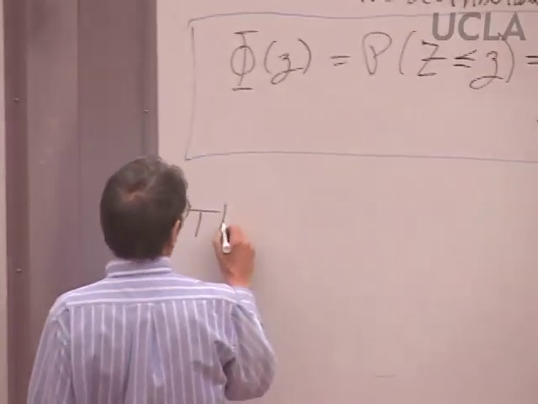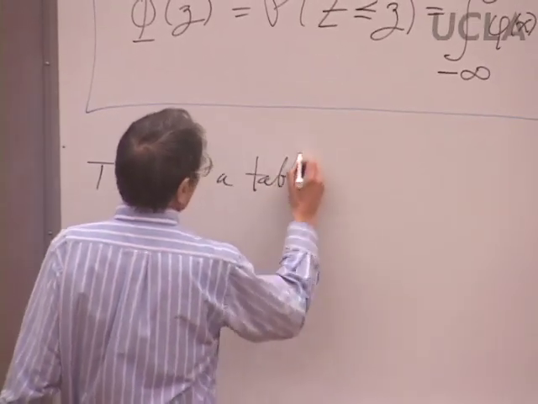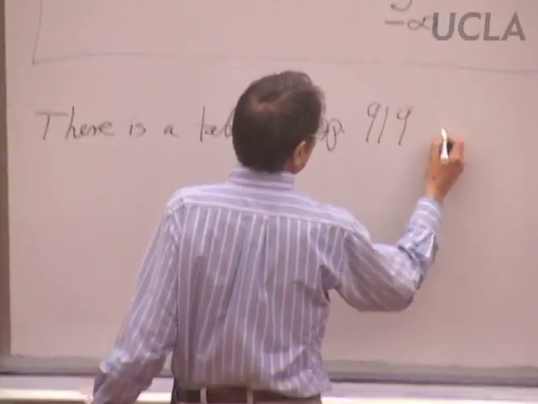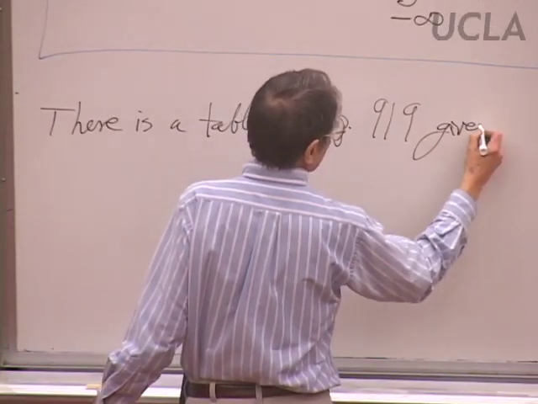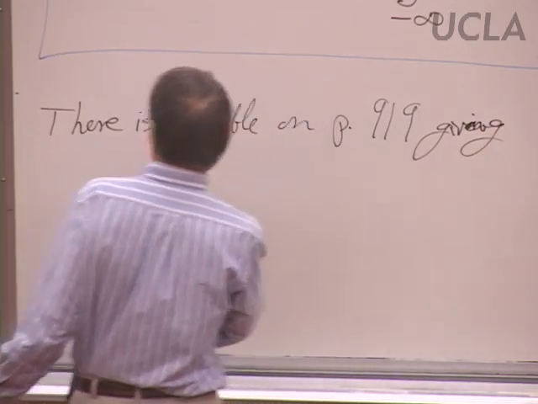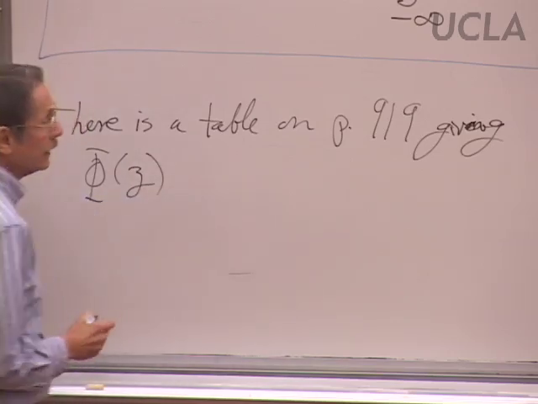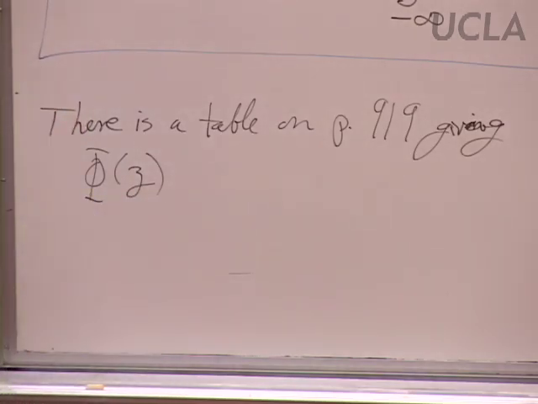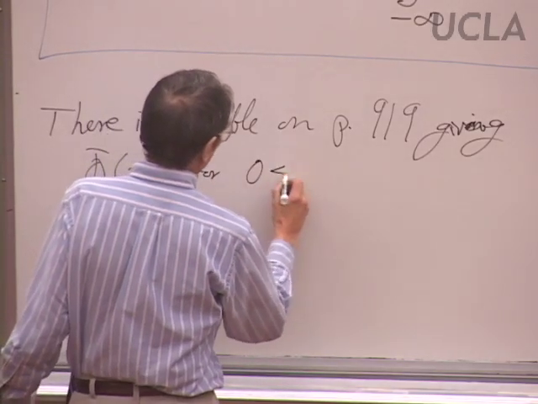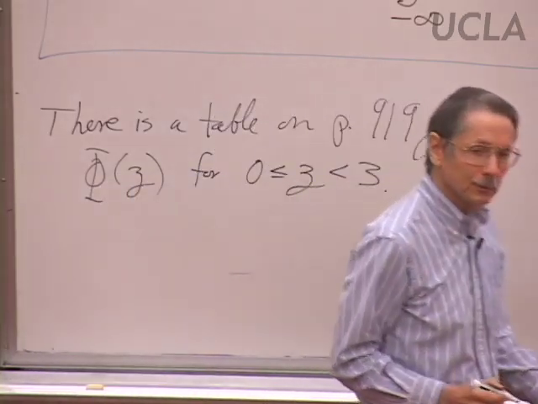Luckily, there's a table in the book, page 919, that gives us numerical values, tells us what capital phi of z is, at least for numbers between 0 and 3.